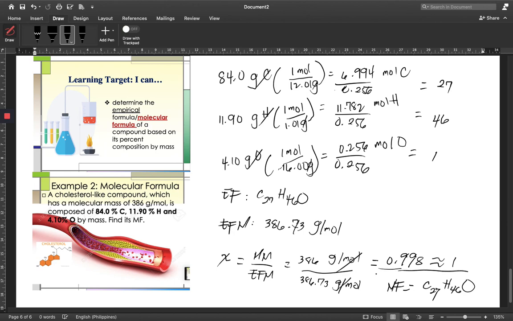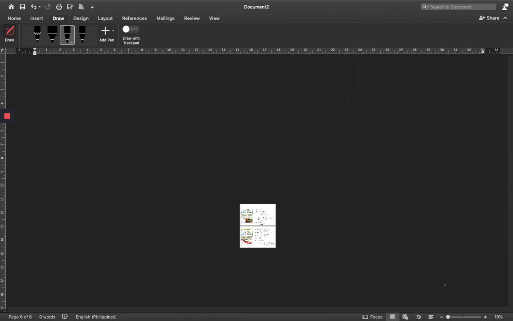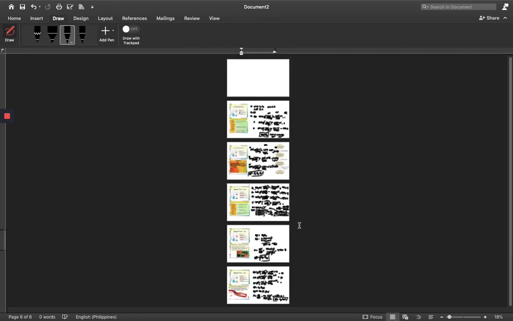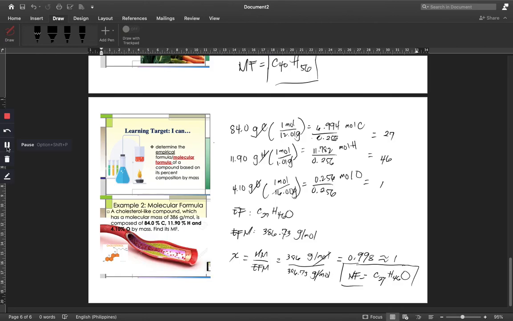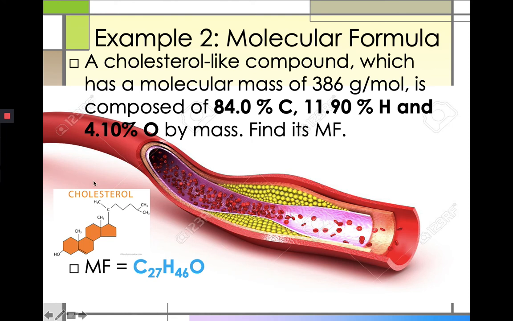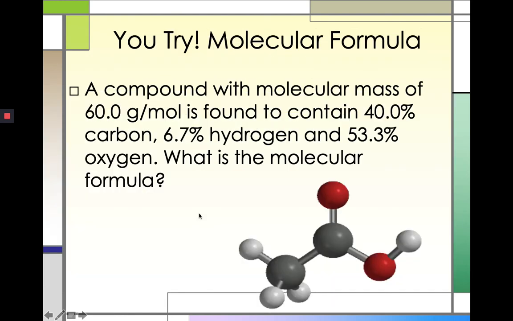So again, empirical formulas and molecular formulas can sometimes be the same, depending on how the masses are given. So a few moments to reflect for the cholesterol-like compound. Our answer here is C27H46O, right?